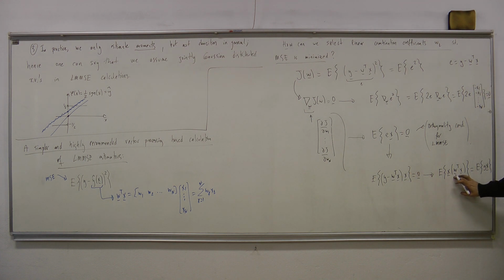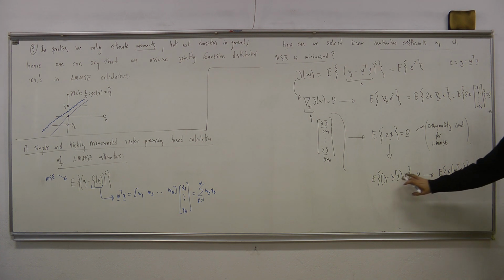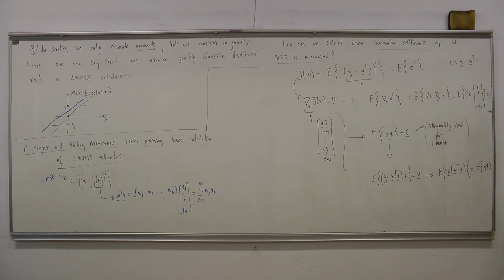Scalar means a real number. So vector times a real number is here. Doesn't matter. So since this is a scalar, I can write this as x transpose times w also. If you take the transpose of this scalar, you get x transpose times w. Then from here I get this, expected value of x x transpose times w is equal to yx. So I get an equation like that.